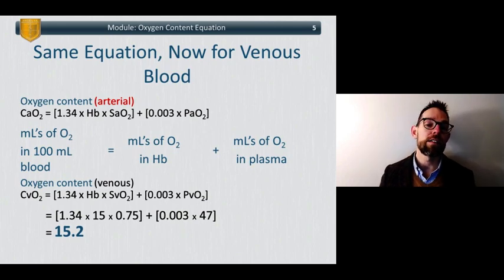On average, it's 1.34 times 15. The average venous saturation is 75%, so you multiply that times 0.75, plus 0.003 times the average PaO2 in venous blood, which is 47. So typically the venous content of oxygen is 15.2.